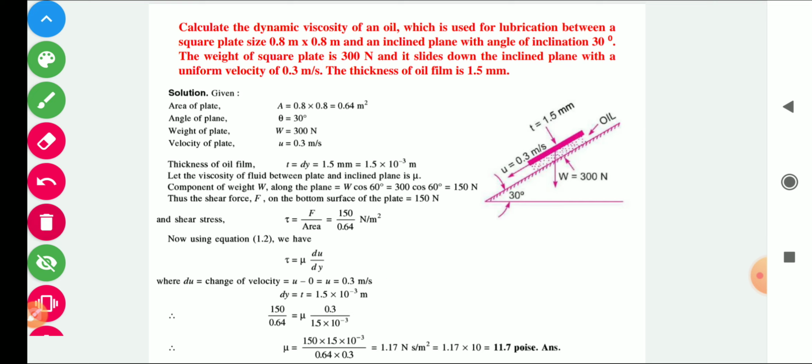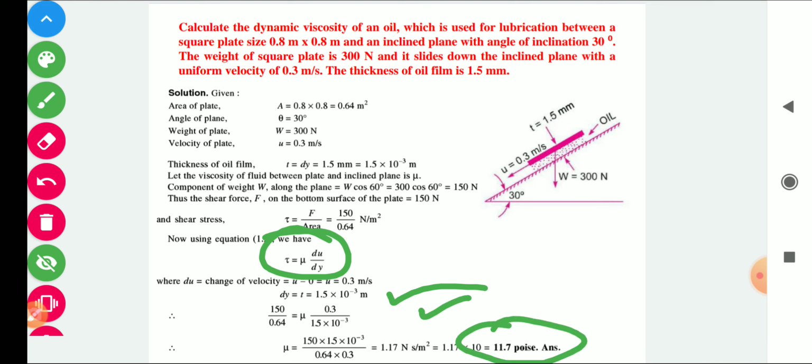Similarly dy is distance between the plate and the solid surface. It means the thickness of the oil layer placed between the plate and the solid surface, that is given as 1.5 into 10 to the power minus 3 meter. So if we put value of du and dy in this equation and of course tau, then we can calculate the value of viscosity, and the final value of viscosity is 11.7 poise.